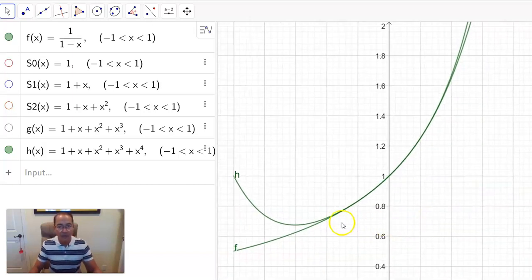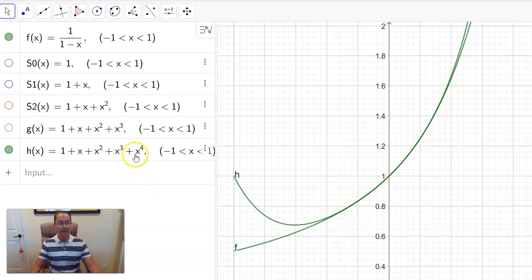So the sequence of partial sums is converging to our function, and we can tell from the graph that not just do they pass through the same point, 0, 1. After all, if you plug in 0 here, you're going to get 1 in all of that. But near 0, 1, those two graphs are almost indistinguishable.